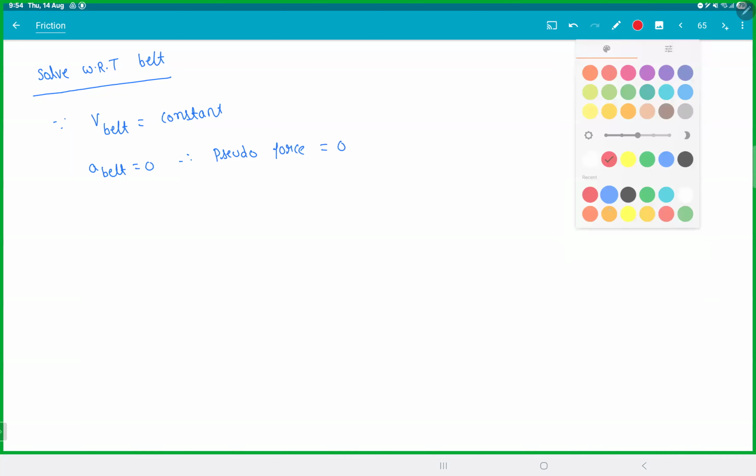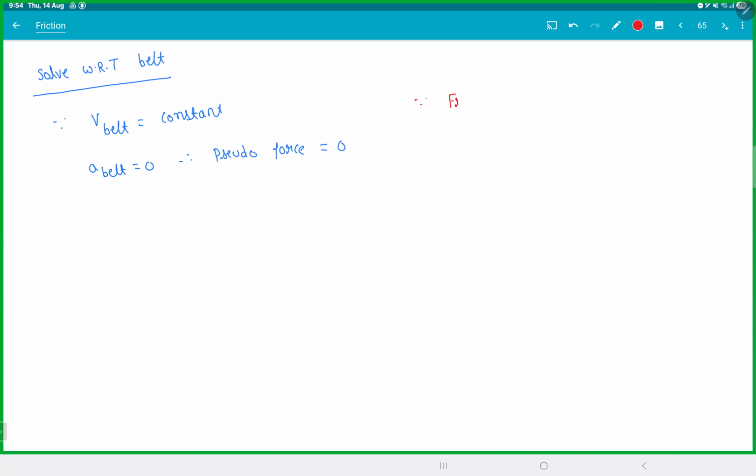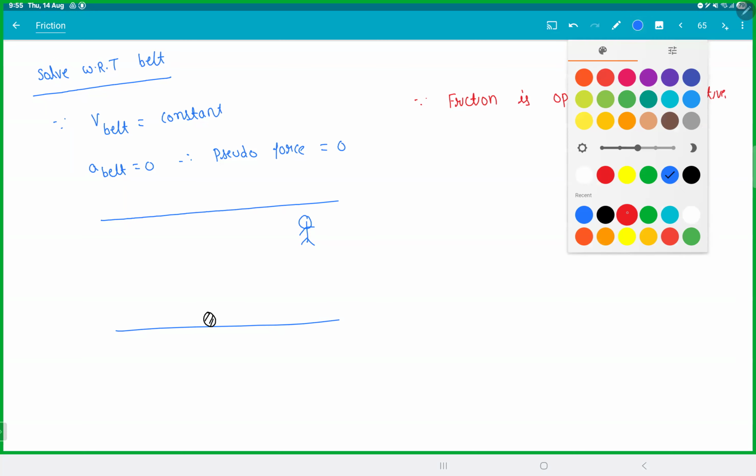And remember this statement: friction is always opposite to the relative velocity. That is even better. So when I go and stand on the belt, what I get is relative velocity only. Friction is opposite to V relative. So actually the problem becomes easy from there. So the moment you go and stand on the belt and look at the problem, this is what you'll think about the coin. You will think this coin is entering with 4 meters per second.